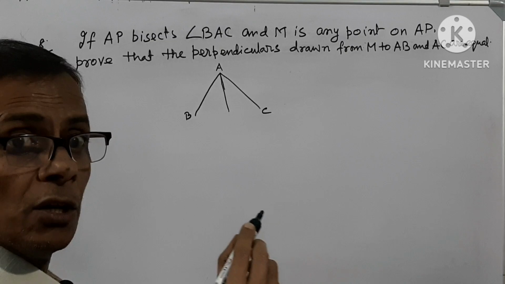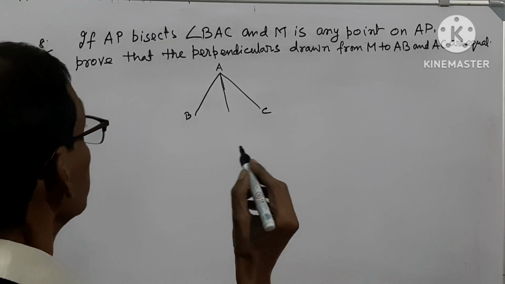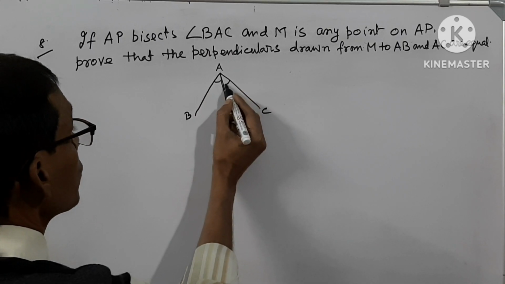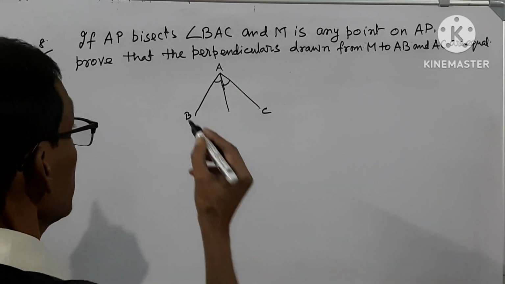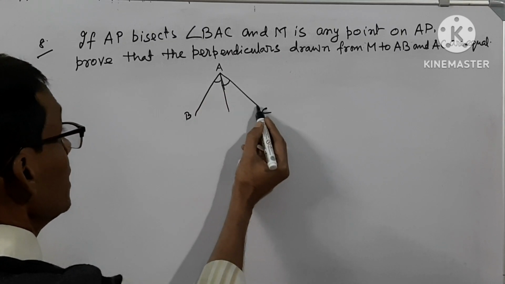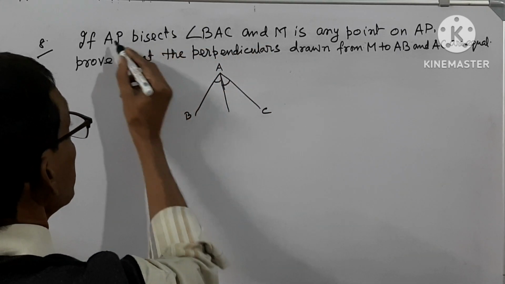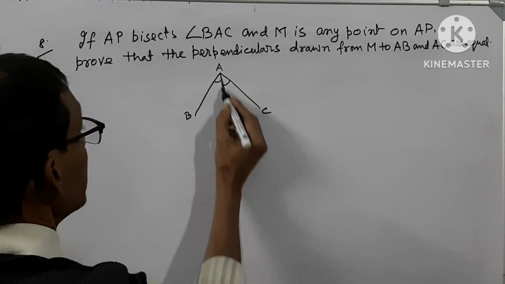If you understand what is bisector of the angle, that means this angle is equal to this angle. This complete angle BAC is getting bisected by AP.